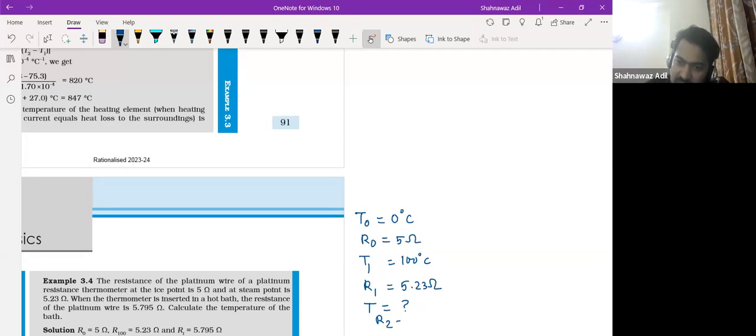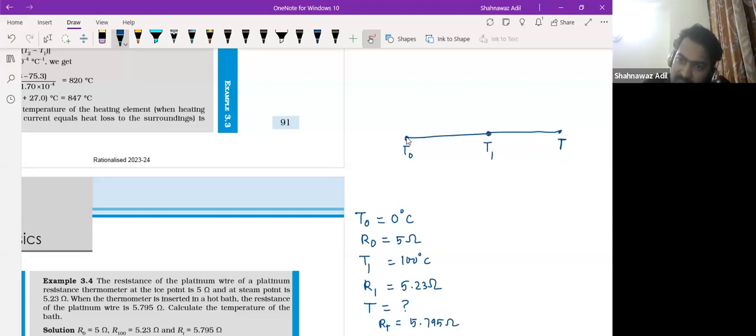R T is given, which is 5.795. So you have the initial temperature, and then this temperature, and then this temperature. Right.